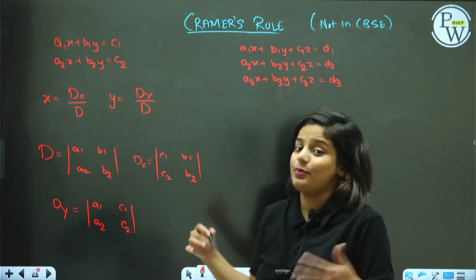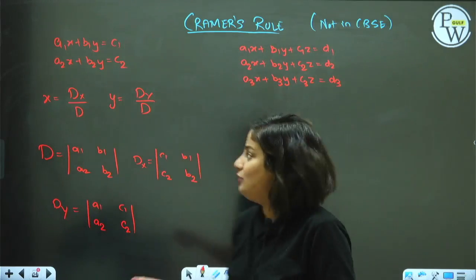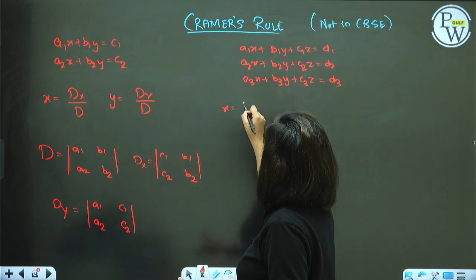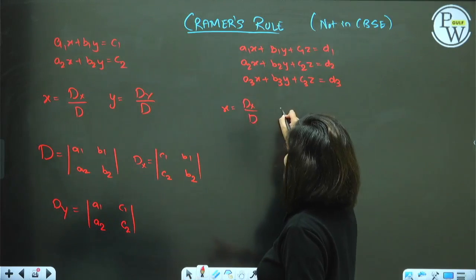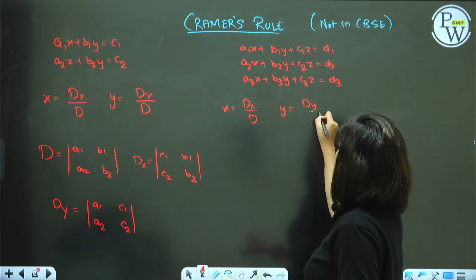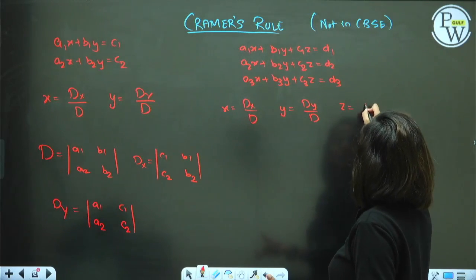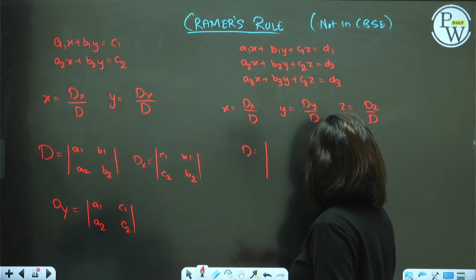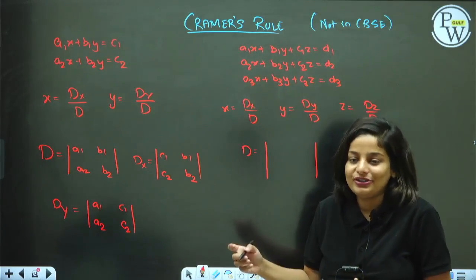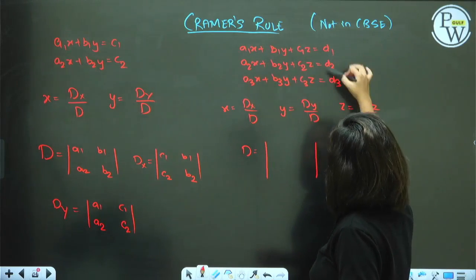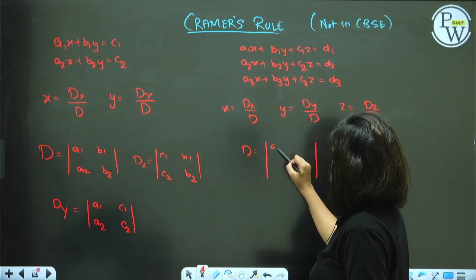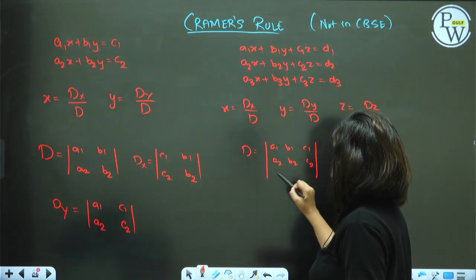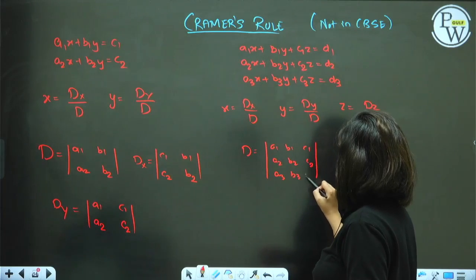If these three equations you have to solve and find the value of x, y, z, x will be equal to Dx upon D, y will be equal to Dy upon D, and z will be equal to Dz upon D. Where what is D? Now this time it will be order 3. For finding D, you just write all the coefficients a1 b1 c1, a2 b2 c2, a3 b3 c3.